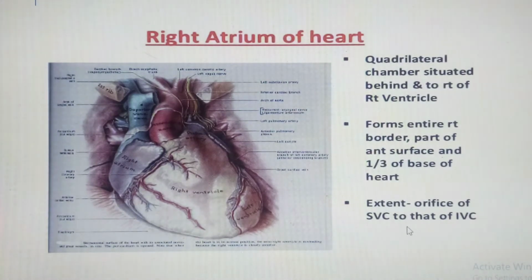Now, let me tell you something about the right auricle: it is very important to increase the capacity of the right atrium. Whether on the right or the left, the auricles increase the capacity of the atria.